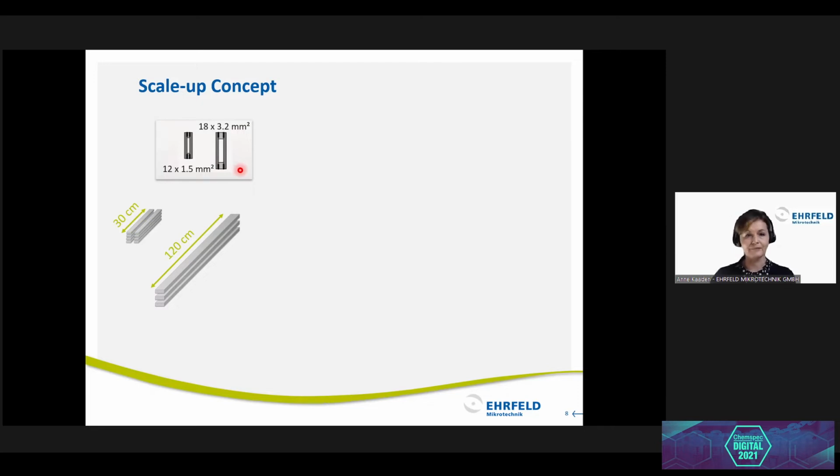Yes, this means we lose a bit of this heat transfer capacity, but the small reactor is a bit overdoing, so it's one of the best heat exchangers you can imagine, and even if you lose a bit of this heat transfer capacity, until now it didn't matter.